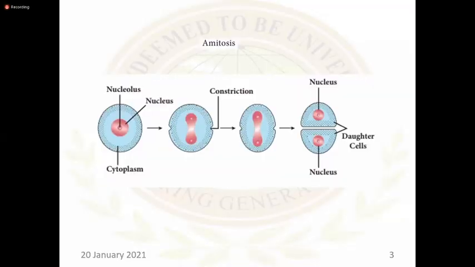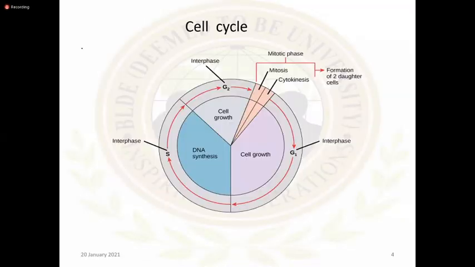A constriction appears at the cell membrane that goes on deepening, and even the nucleus divides here. Just a simple division of the nucleus and the cytoplasm to give rise to two daughter cells. This is not usually seen in animal cells, mammalian cells. So let us move on to mitosis.